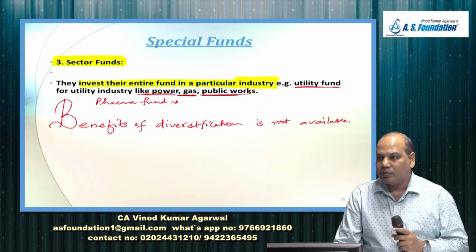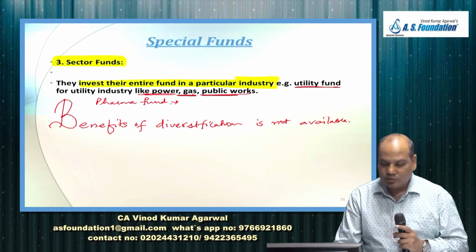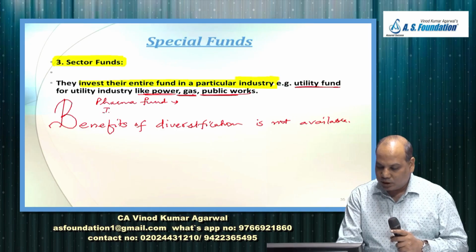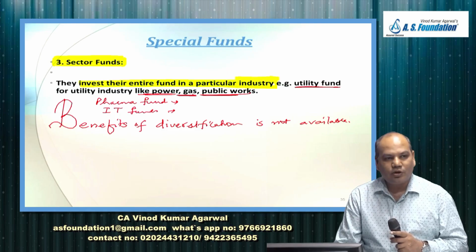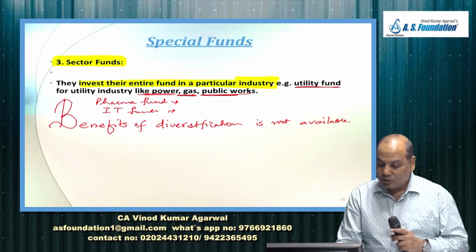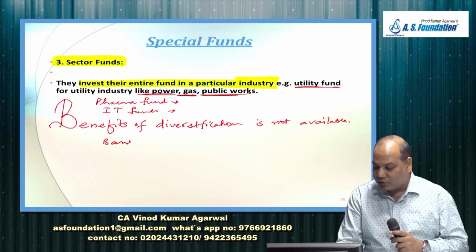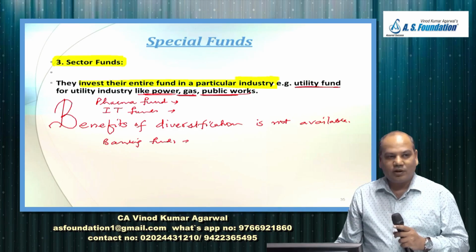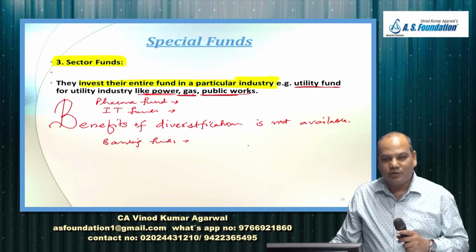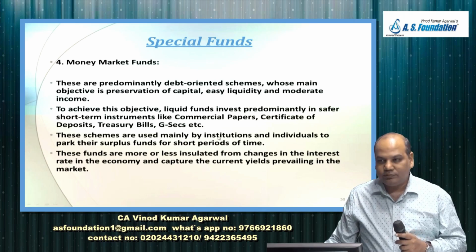Where do they invest? In pharmaceutical companies. There are IT funds. They invest in information technology companies. Okay. Then a banking sector fund is also there. They invest only in banking sector companies like SBI, ICICI, HDFC and like this.